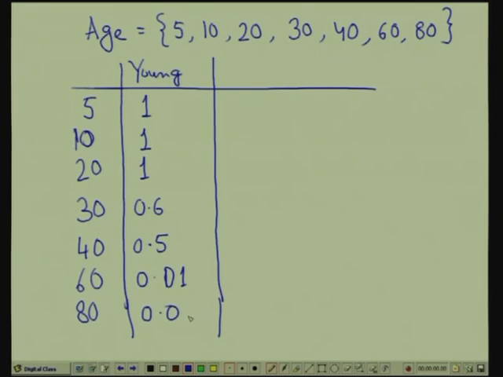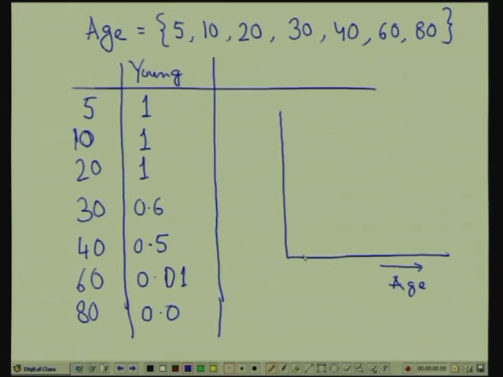So, this is a table using which I can also draw the same thing as a graph. This is my definition of fuzzy set young. So, here it is age and my values are here 5, 10, 20, 30 like that. And here it is membership.